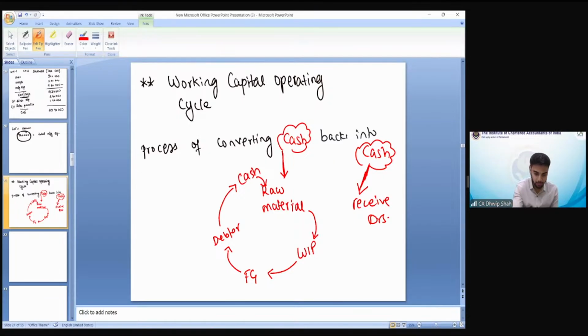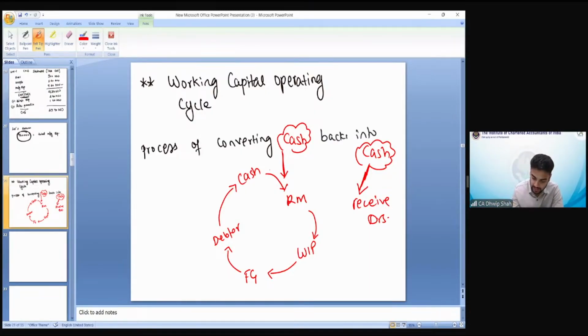ये थोड़ा सर्कल प्रॉपर नहीं हुआ है, but don't mind. अब हो गया प्रॉपर. ठीक है. Process of converting cash back into cash is called working capital operating cycle.